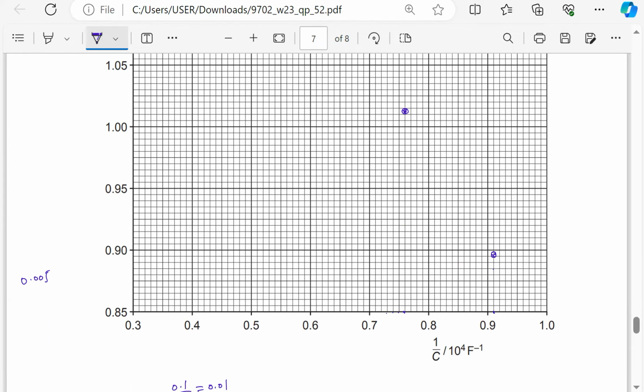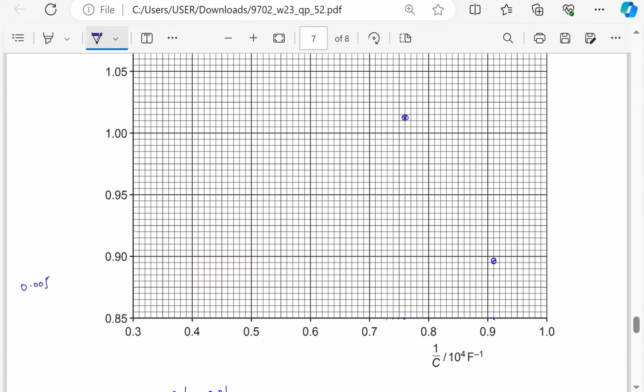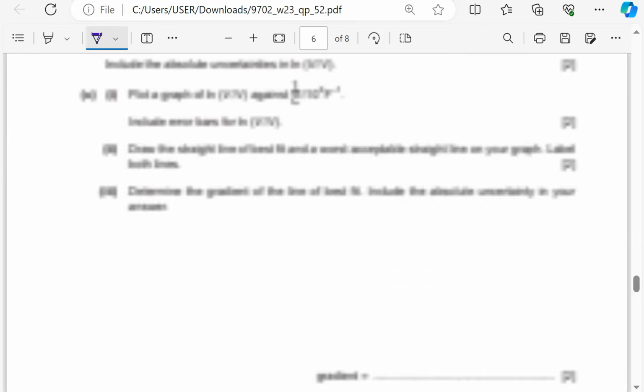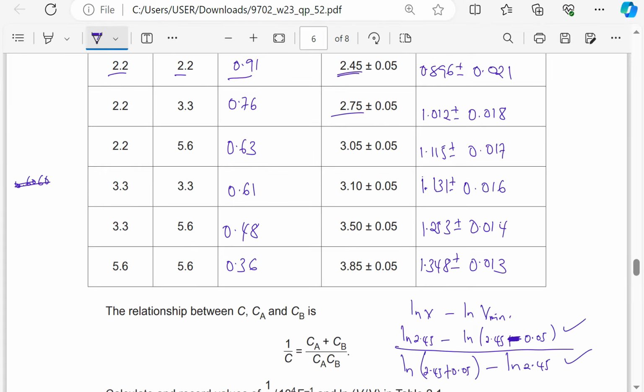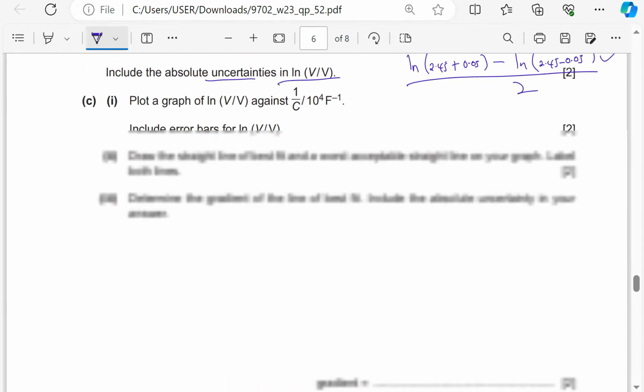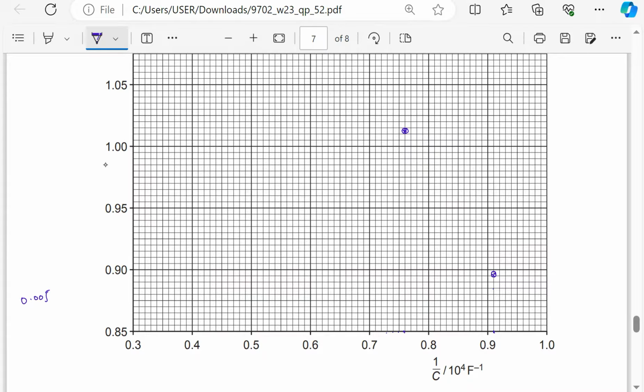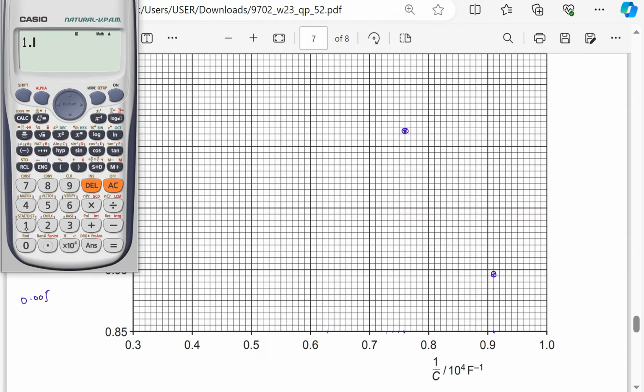Okay. Then the next one is 0.63 against 1.115. 0.63 is 1, 2, 3, here.